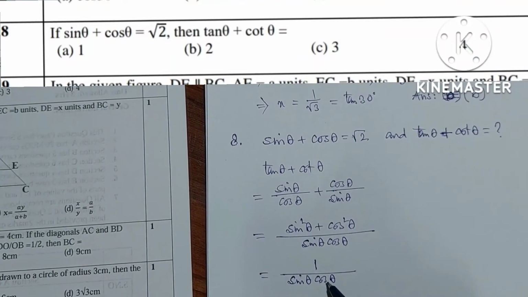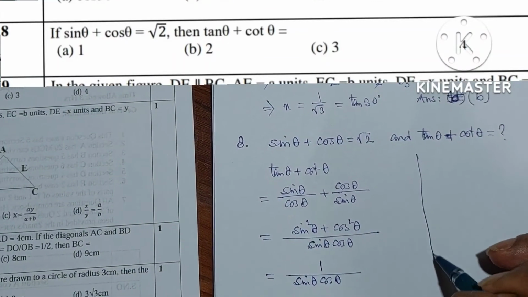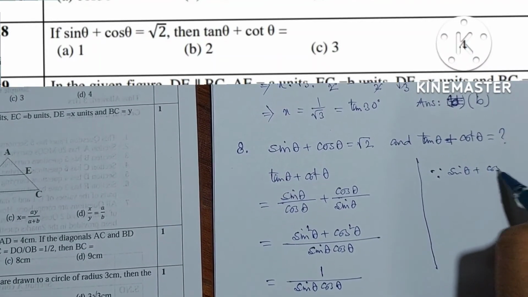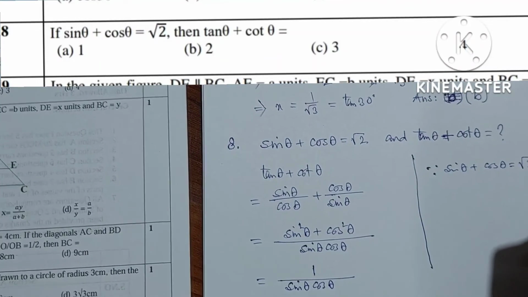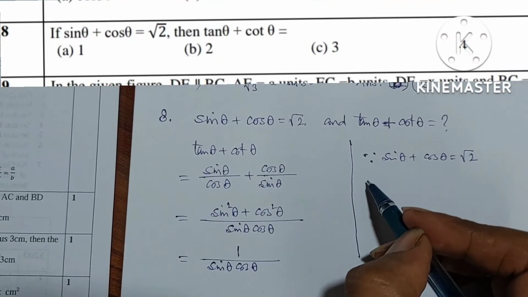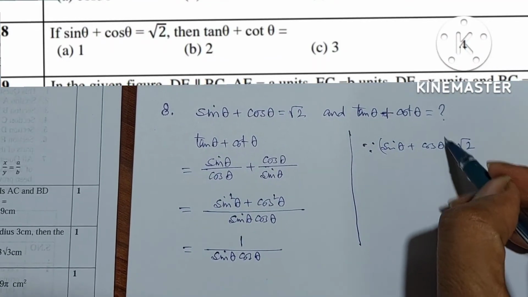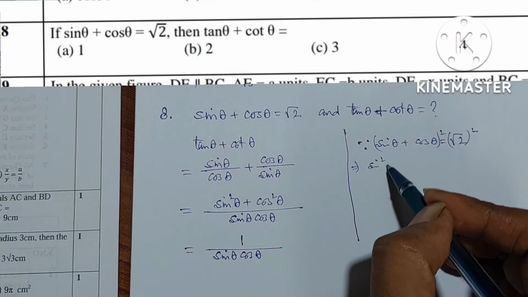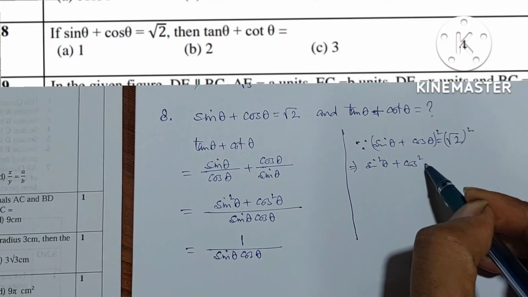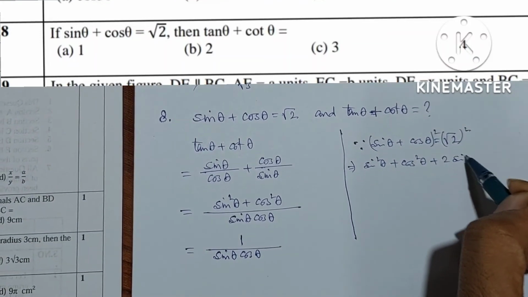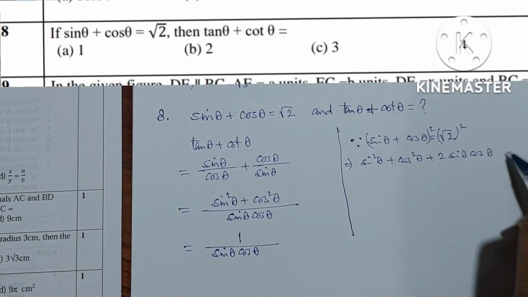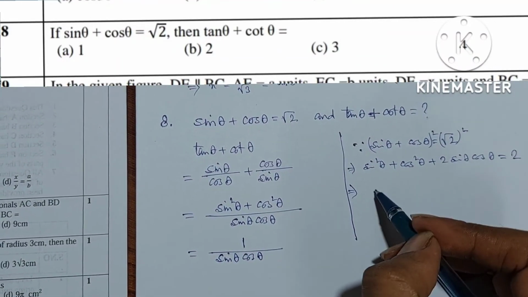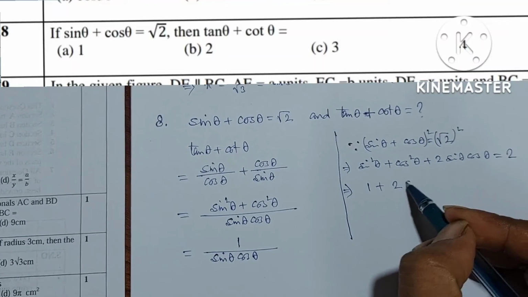Now you have to find the value of sin theta cos theta. Since it is given that sin theta plus cos theta equals root 2, squaring both sides, you have this square equal to root 2 square. So sin square theta plus cos square theta plus 2 sin theta cos theta, root 2 square is 2, and sin square theta plus cos square theta is 1.